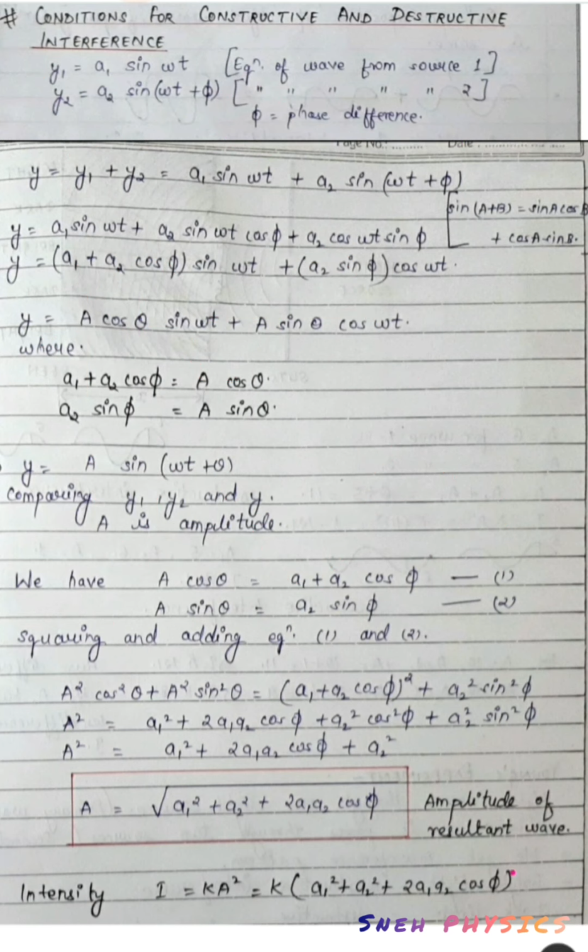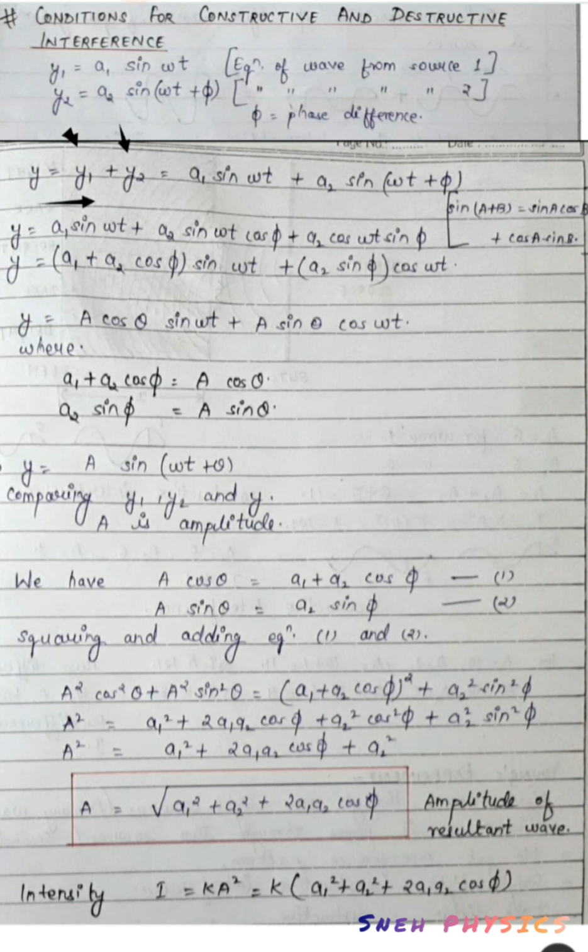Now moving on, we are going to apply the superposition principle to our further derivation. According to the superposition principle, the resultant displacement of two waves when they are overlapping each other is given by the sum of the individual displacements of the waves.